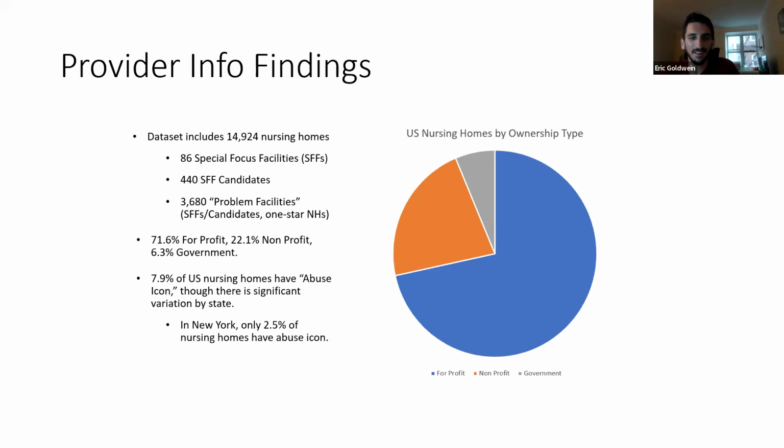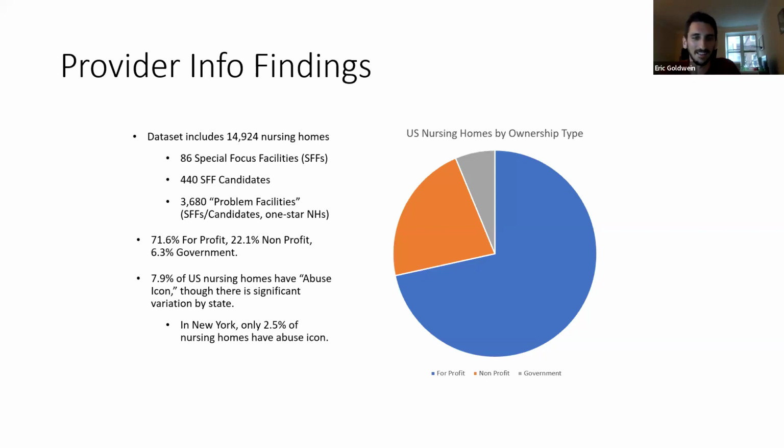And then just to dig in a little deeper, one thing we looked at was the abuse icon. There's an abuse icon indicating that a facility has been cited for abuse within the last 12 months. And the nationwide rate is 8%, whereas in New York State, that's only 2.5%.